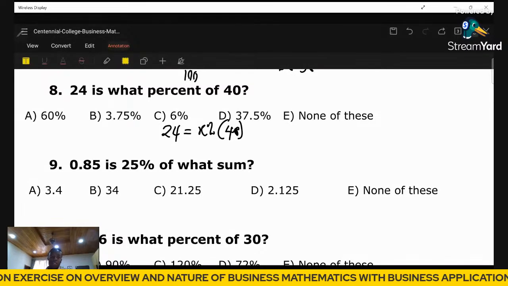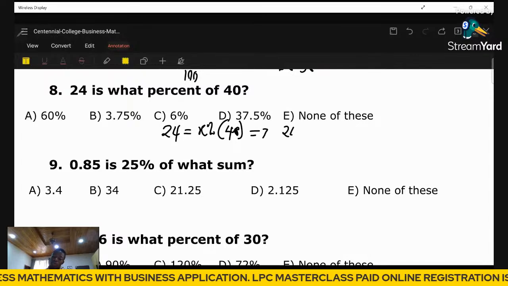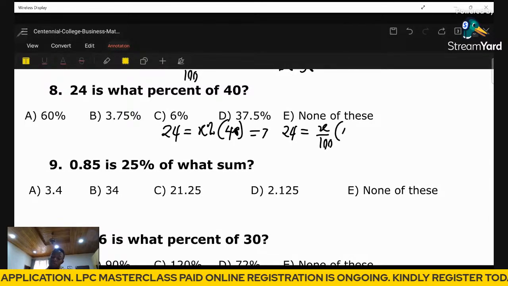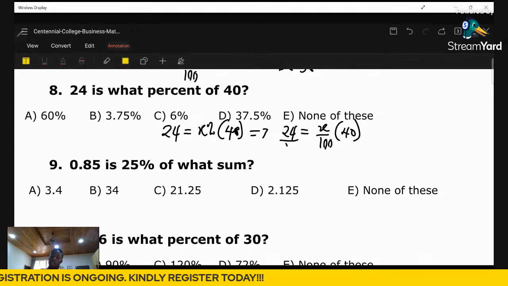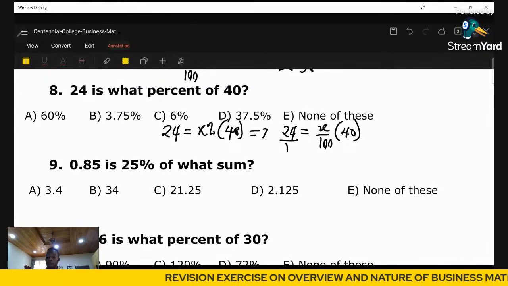But you know that percentage is out of 100, so I can bring it further by saying that 24 should be equal to X out of 100 multiplying 40. Here, we want to do our cross multiplication. We multiply the 100 by 24 and also multiply X by 40 over 1, and we solve for X.